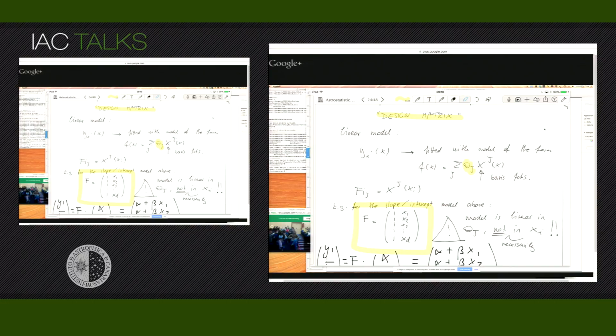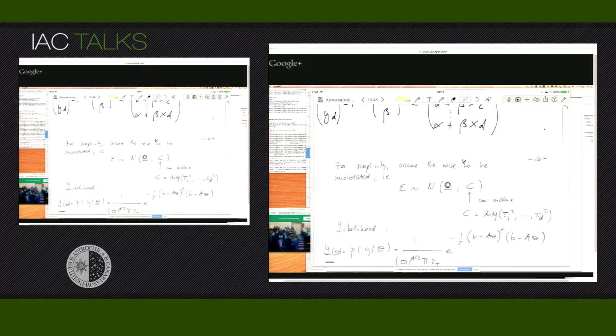In the case of the slope-intercept model, the functions in the design matrix are just a constant and x. There's no reason why they should be linear in x. They can be any function of x. The important point of the linear model is that it is linear in parameters, not in the x variable. The linear model is linear in the theta j, not in the xi's necessarily.